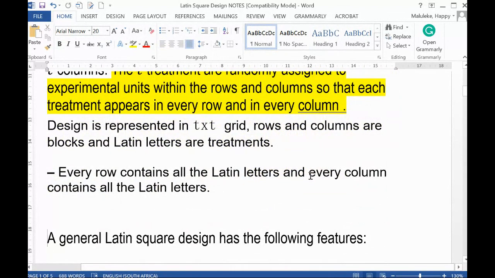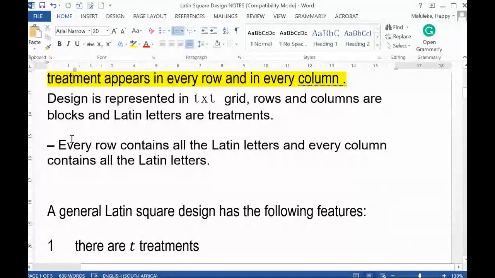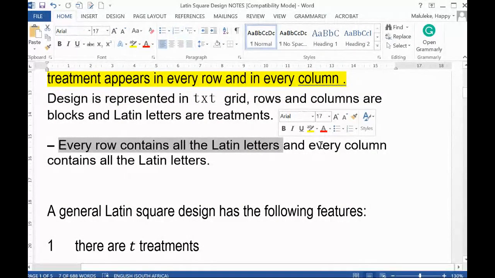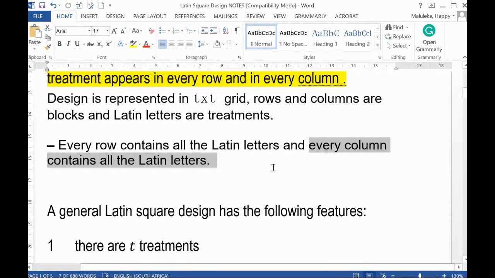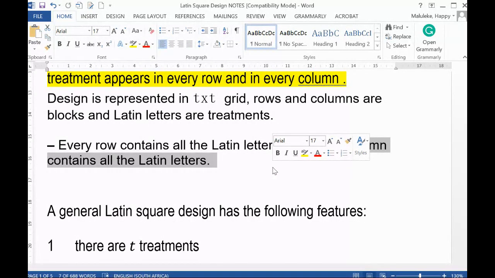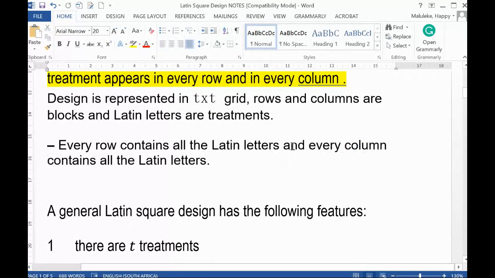Now I just defined what a Latin square design is, right? Every row contains all the Latin square letters, and every column contains all the Latin square letters. If you check the one that I presented, you may find that when looking at the rows, that condition is covered.